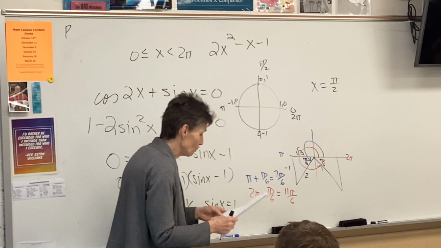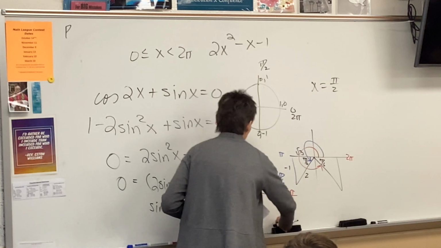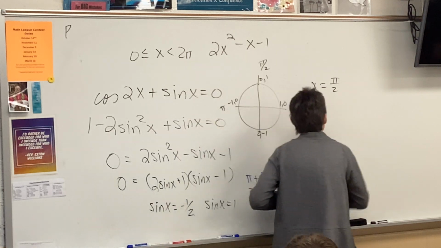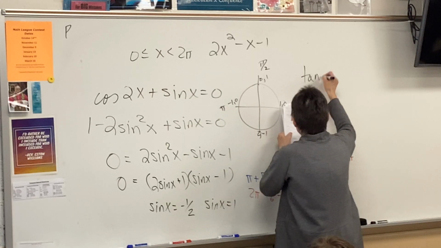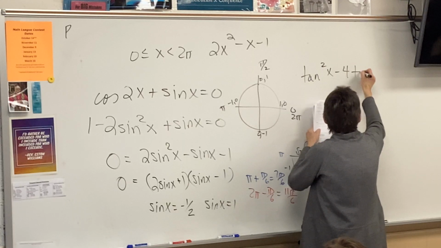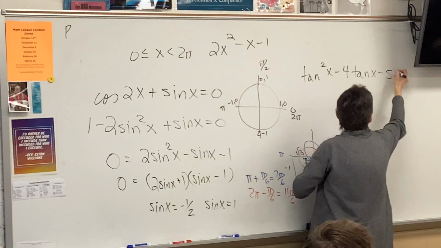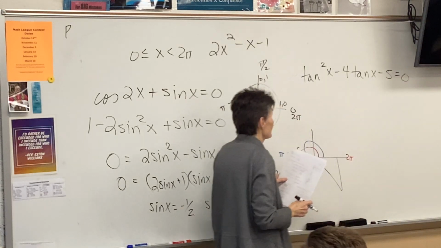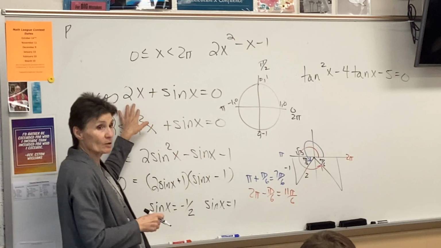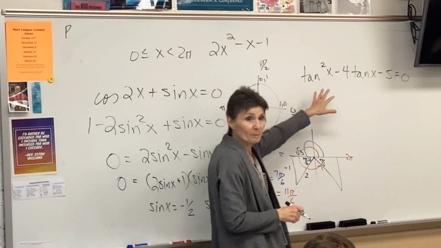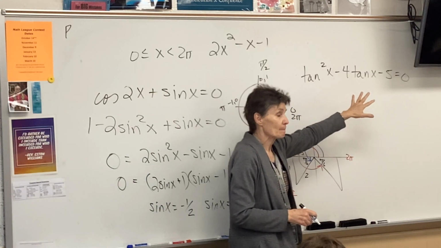All right, now we're going to do B, and if you haven't already figured it out, you know why B is going to be a calculator problem. Do I need to do any replacements? Like here, I replaced cosine 2x. I have no replacements here, it's all good.